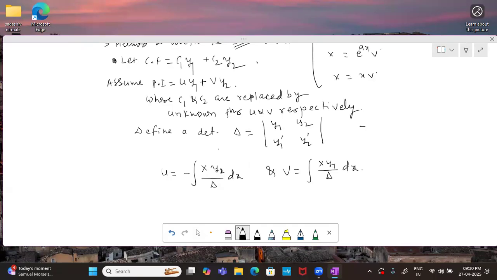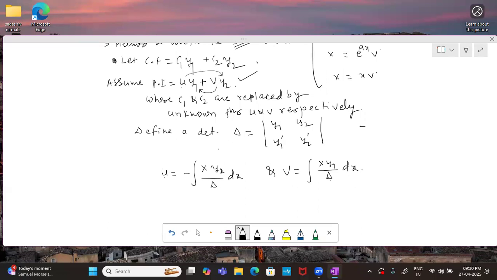For finding u use the multiple y2, and for finding v use y1. Put these in PI and you will get the solution of the equation.